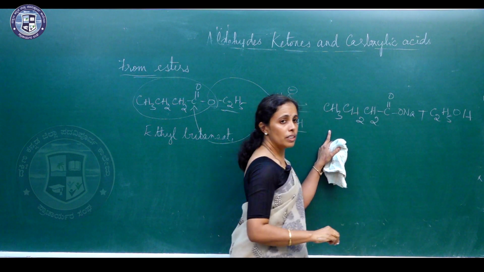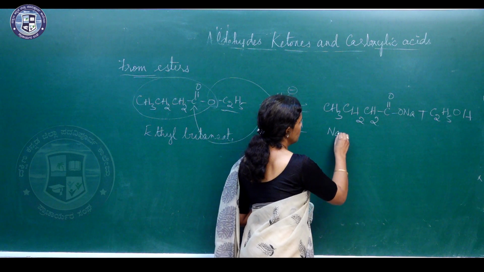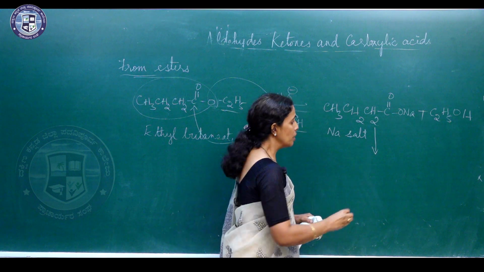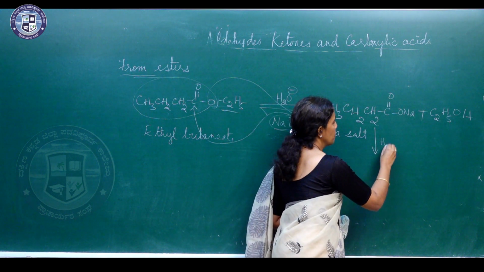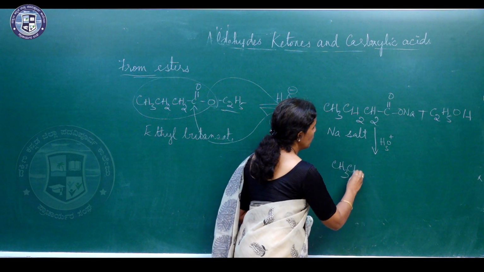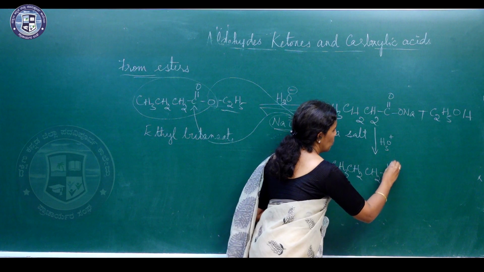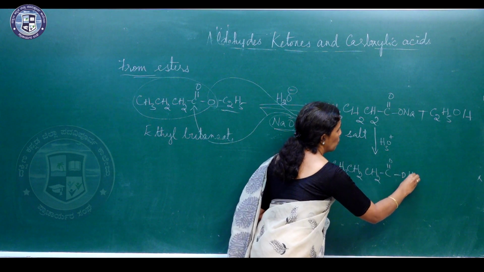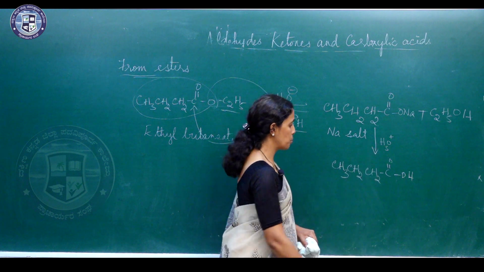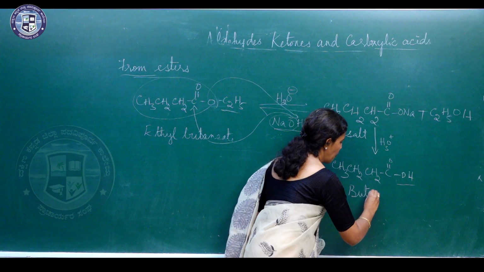We get the sodium salt of butanoic acid. On acidification, this will give you butanoic acid, CH3CH2CH2C double bond O and OH, that is, the Na will be replaced by a hydrogen atom.